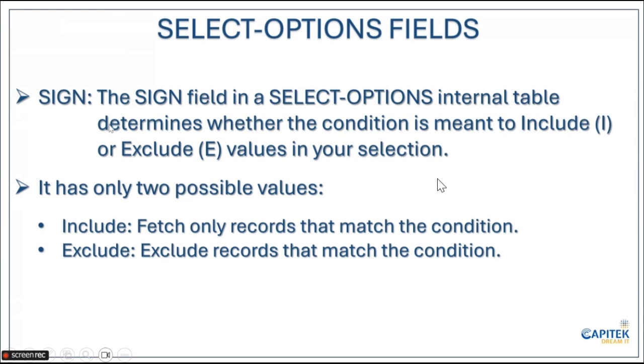So in sign we have two options: one is include, the other one is exclude. When you say include, it will consider only that range of data, and if you say exclude, then it excludes the respective records matching that condition. So that's about sign.